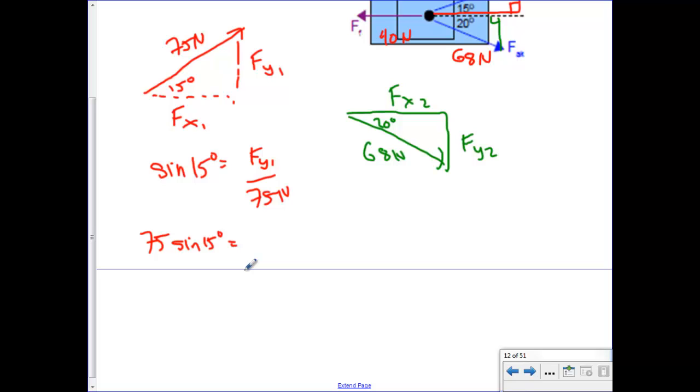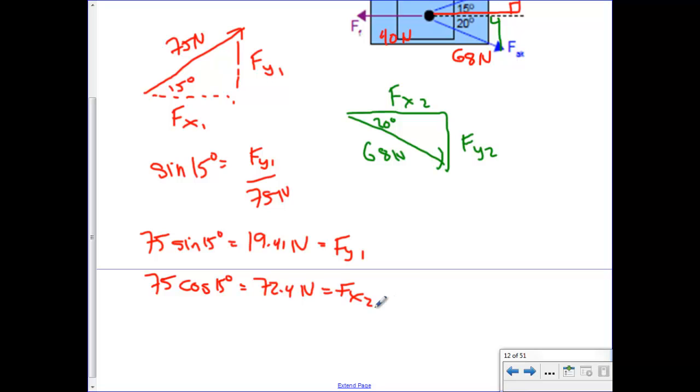Okay, so 19.41 newtons is your Fy1. If I wanted to find Fx1, then it would be 75 cosine of 15 degrees, which I got 72.4.